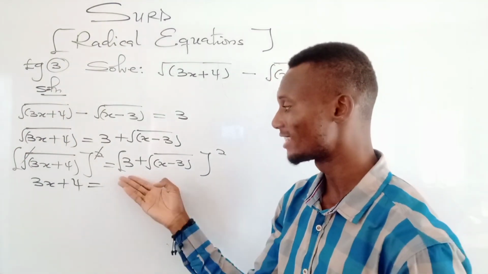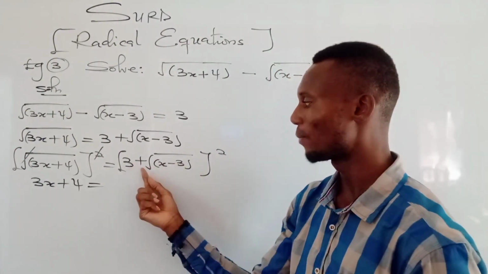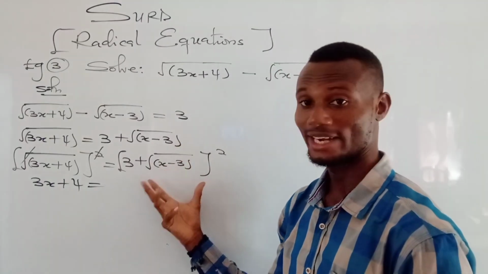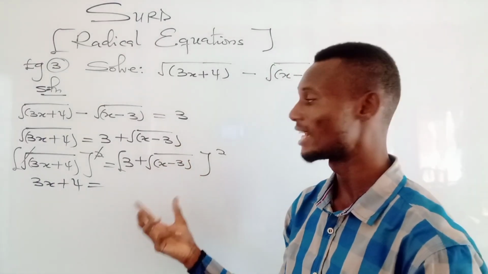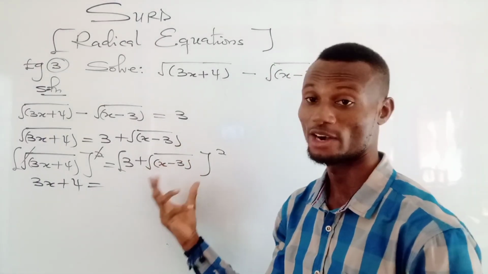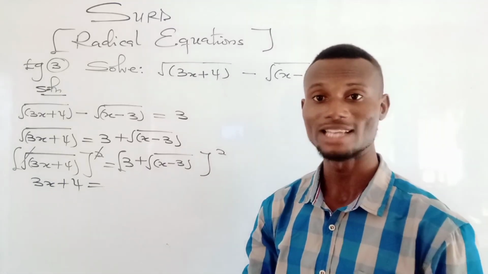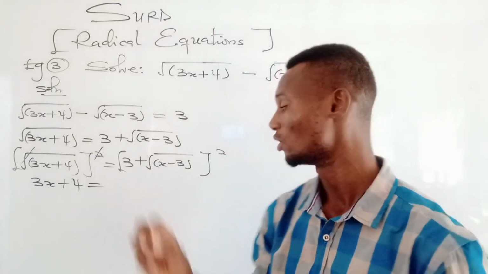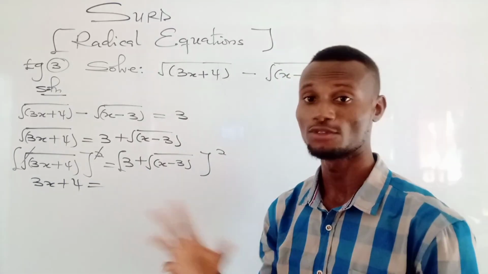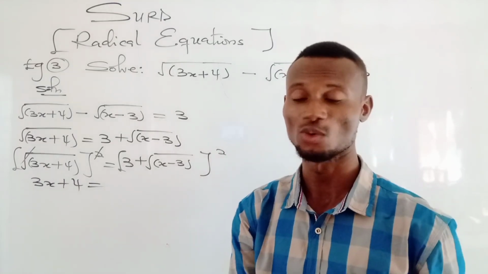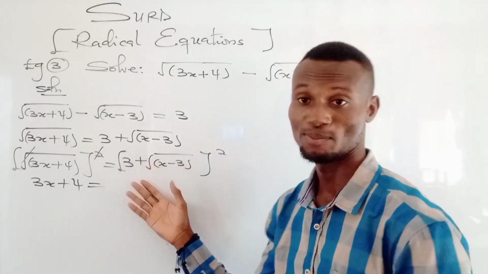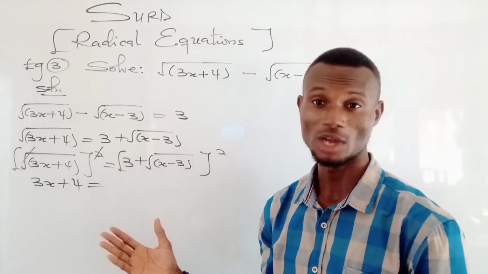So instead of writing this one as 3 plus root s minus 3 in one bracket, multiplied by another bracket 3 plus root s minus 3, we are going to use that short process that I've taught you to expand this one. So that's what you are going to do.